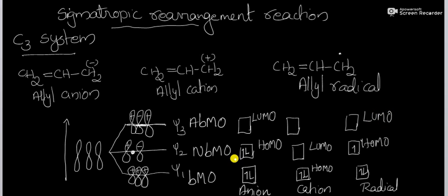So, this is the pi MO diagram of the C3 system. What about the vertical mirror plane symmetry and C2 axis of rotation of these molecular orbitals? For Psi1, in the case of the vertical mirror plane, it will be symmetric, Psi2 is anti-symmetric, Psi3 is symmetric.